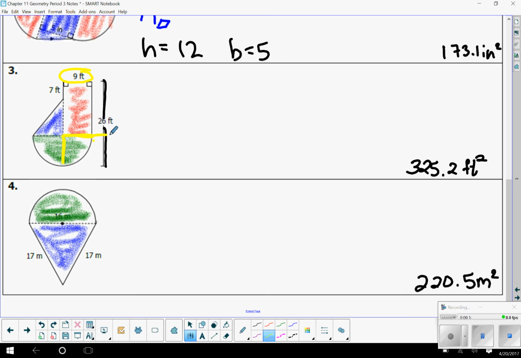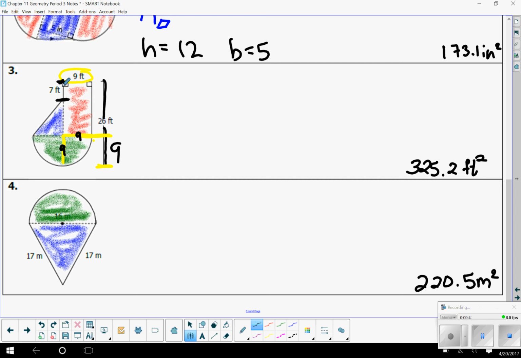From here to there is 9, because this right here is a radius. That's got to be 9. And then from here to there is 7. Why don't you look up before you, because you're missing it. Exactly. Look up. Don't look down.